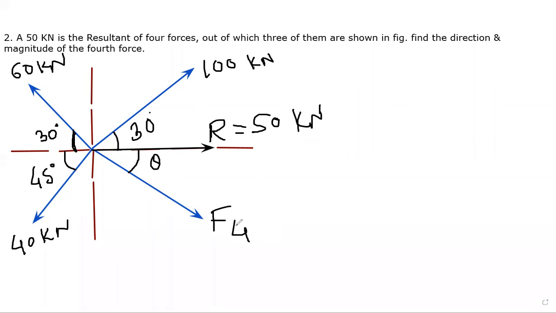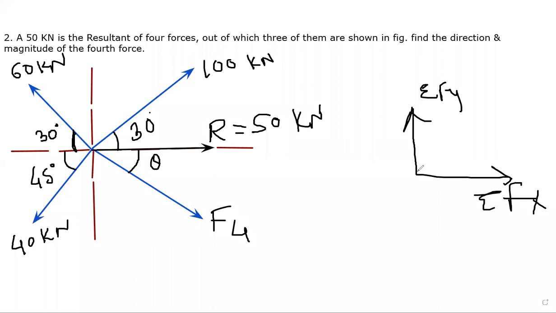Is the diagram done? Yes, sir. Now from the given condition, R is acting along the x-axis, right? So tell me, what is the value of summation Fy? Zero, right? Because this is your summation Fy, this is summation Fx, this is your R, and alpha is equal to 0.